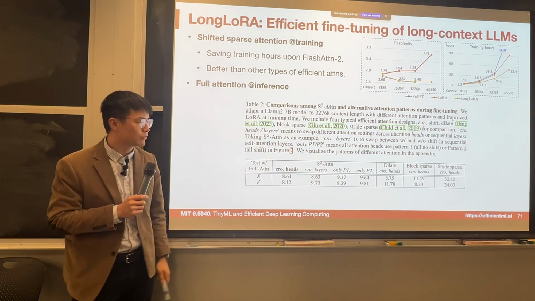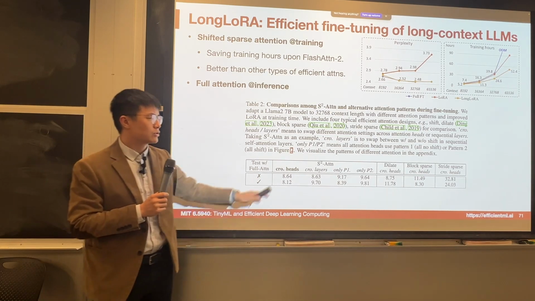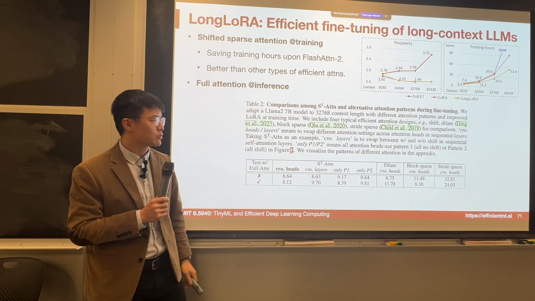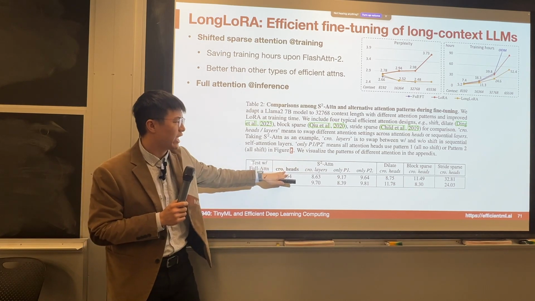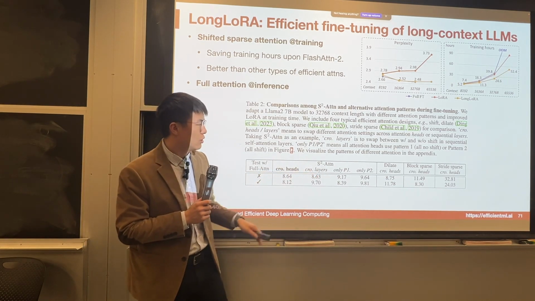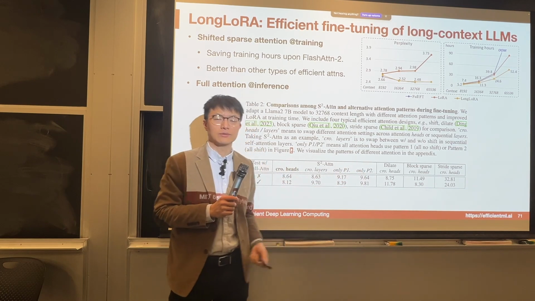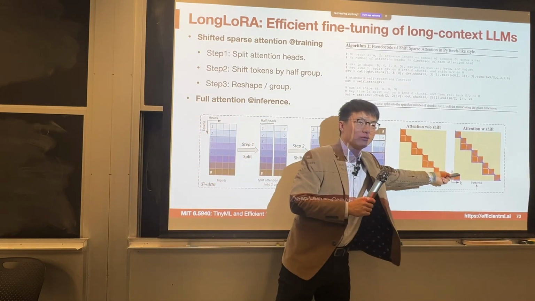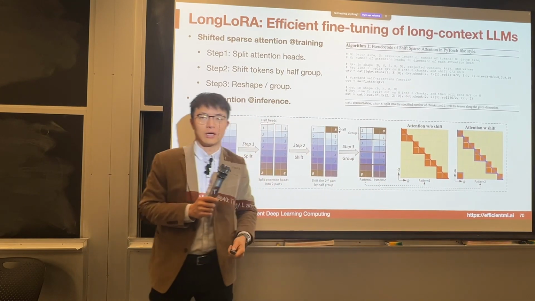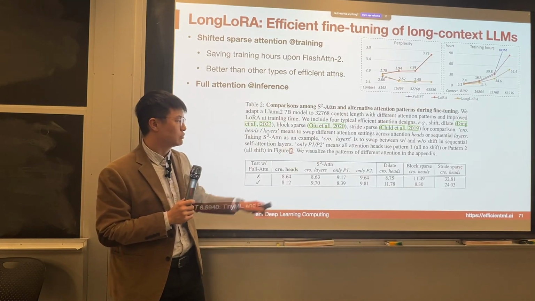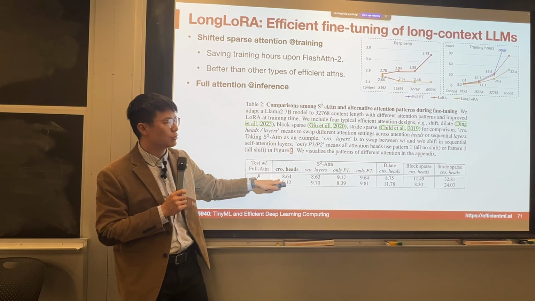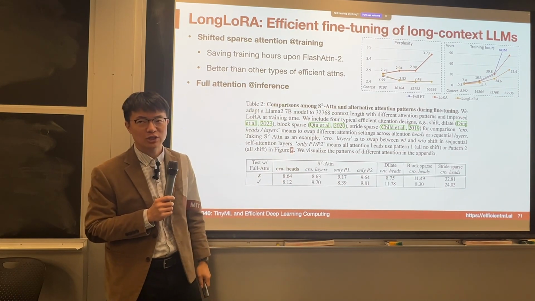And here, this figure is showing this mechanism to shift across different groups. Do we shift it across different heads or across layers, or only have pattern 1 or pattern 2? Okay, so here we have pattern 1, and we have pattern 2. And how do we interleave them? The best approach is actually to interleave them across the attention heads, which gives the lowest perplexity.